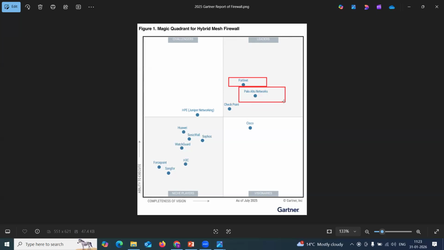See, these competitions will keep happening, right? Every day if you say I'll only be at the top, that's not possible. Someone will come with some new concept and that can lead as the first position. And again, next time, Palo Alto will come with some new visionary stuff. It will again go to the first position. So these are the competitions happening in the market. But overall, the moral of the story is these are the top firewalls.